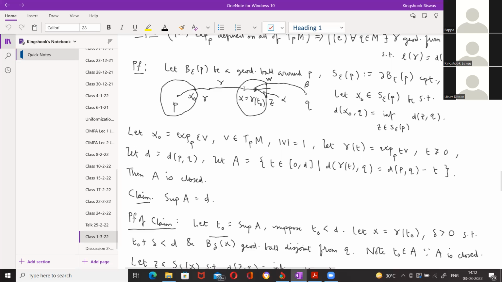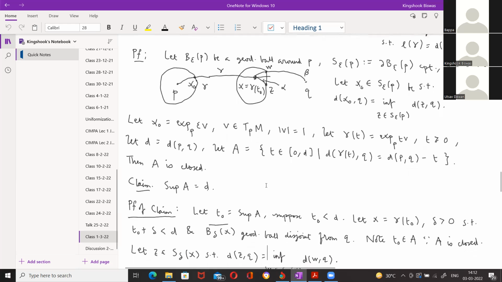And so the concatenation of these two geodesics is a geodesic. That means that alpha must be part of gamma, right? And so Z must be gamma of T naught plus delta, right? That's what we did. And so then we were done essentially.